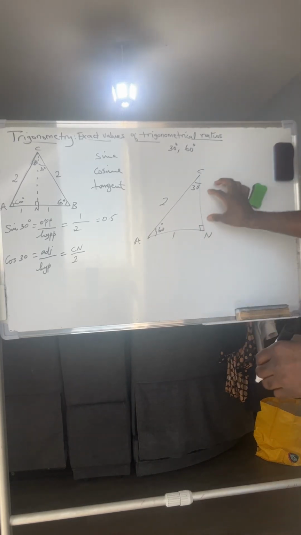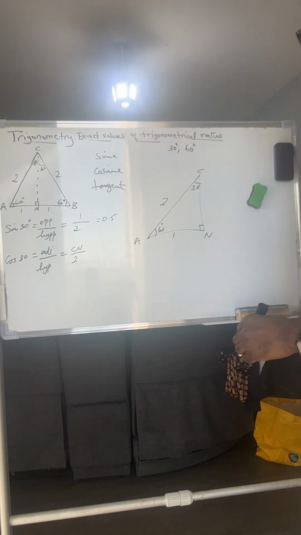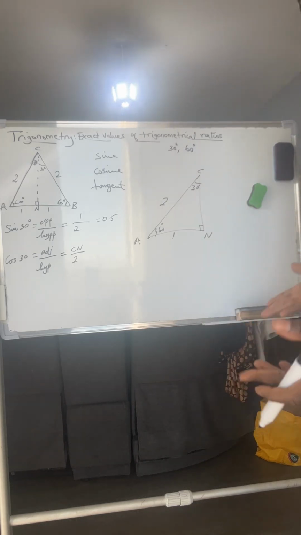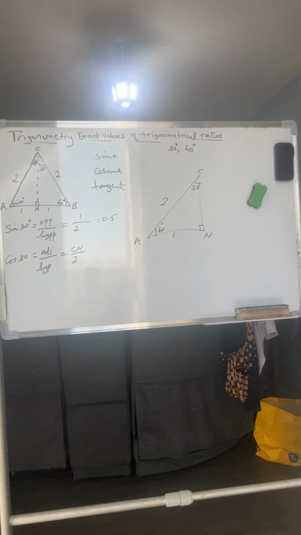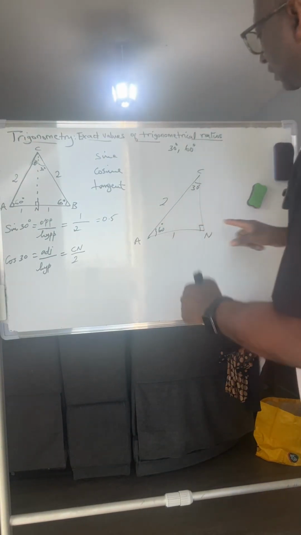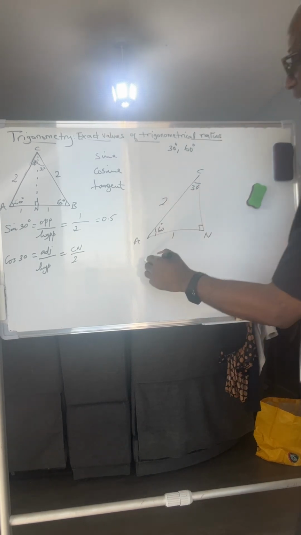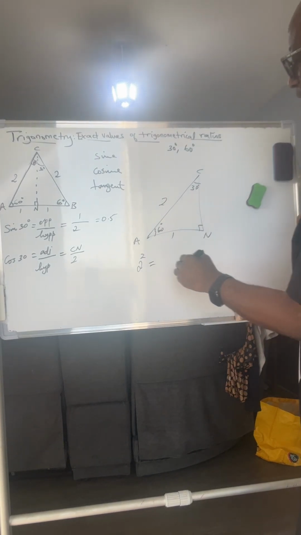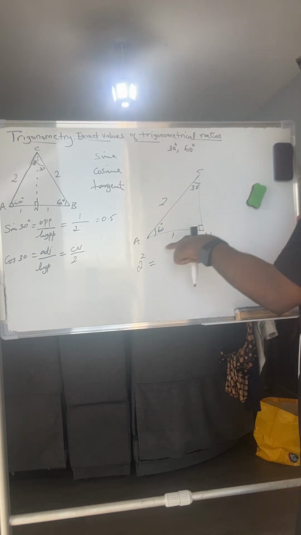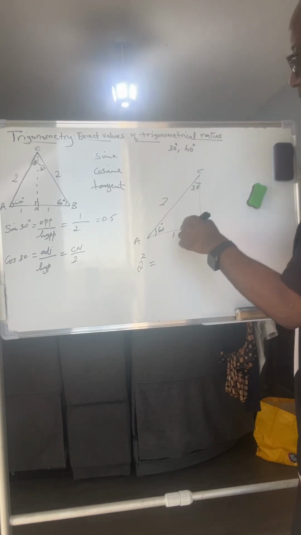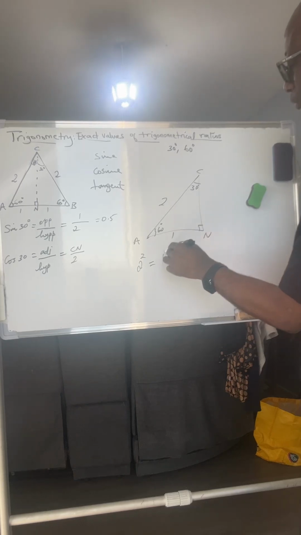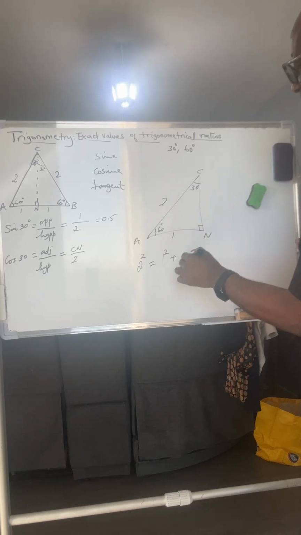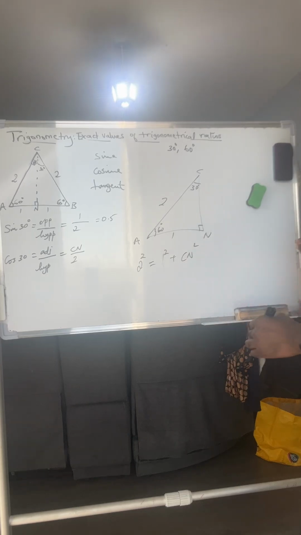We want to find the value of this length here, CN. This is a right angle triangle. We can use Pythagoras theorem to solve this one. Pythagoras theorem tells us that the longest side, which is the hypotenuse, 2 squared, is equal to the sum of the squares of the remaining sides, which is IN squared, which is 1 squared, which is just 1, plus CN squared.